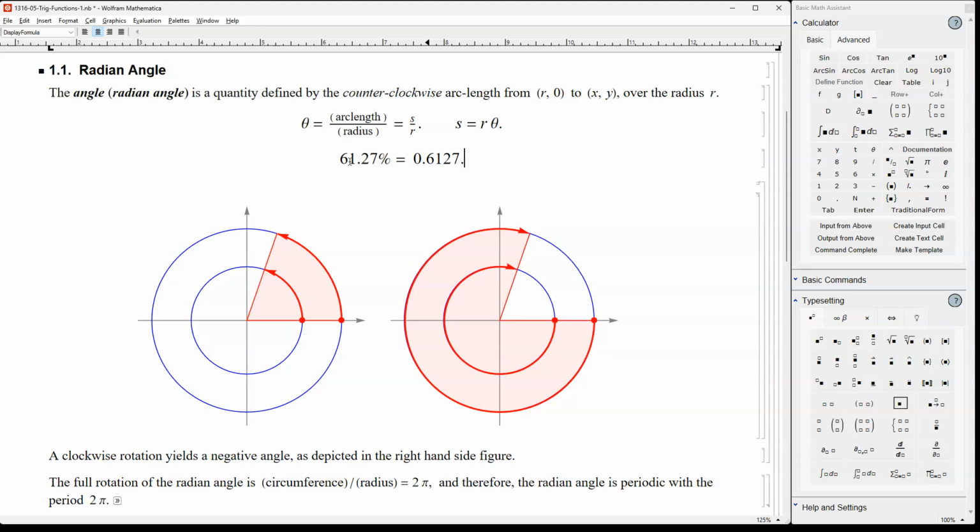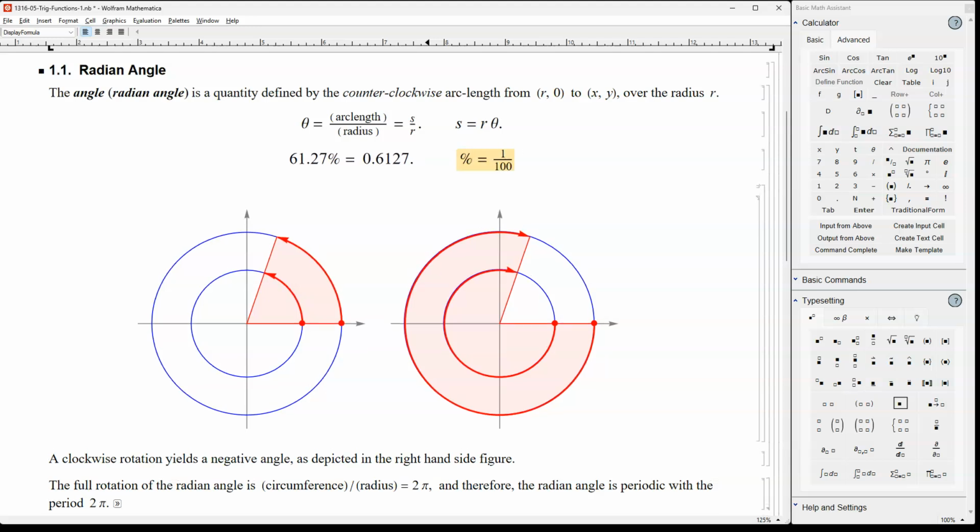Basically, I'm moving the decimal twice, or vice versa. And that is because percent is the same as 1 over 100. So 61.27 times 1 over 100 is 0.6127.